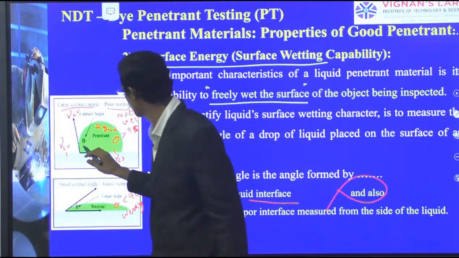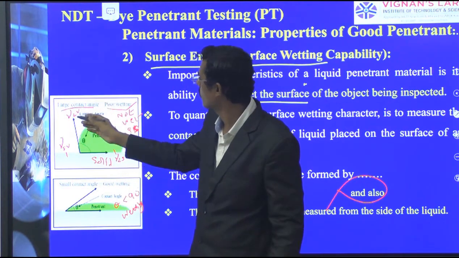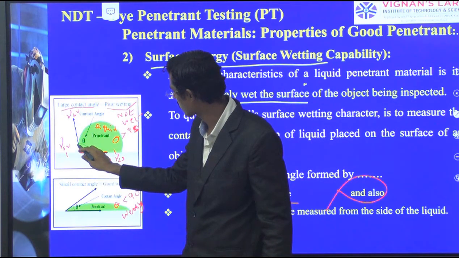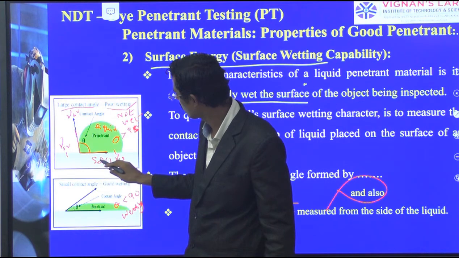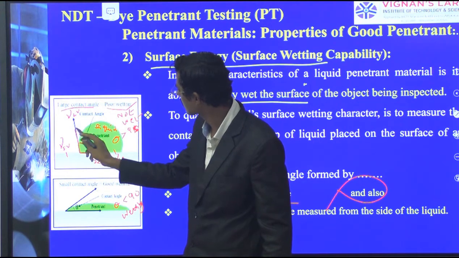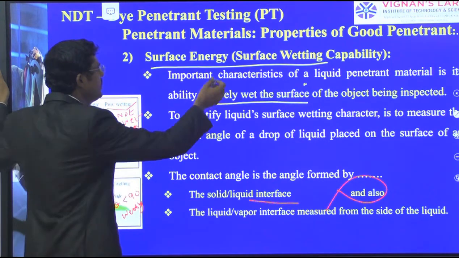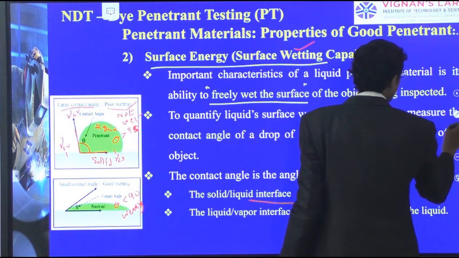We have a liquid here subjected to vapor in the outside environment. With respect to this angle, theta is formed. One side is contacting the liquid and solid, one is contacting the liquid, and on the other side we have an open environment. With respect to this, we identify the wetting surfaces and contact angles.